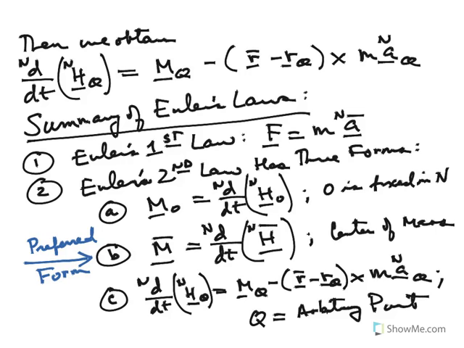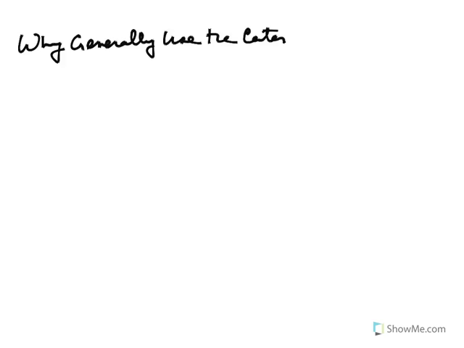It's the easiest one. Why is the center of mass easiest? So we generally use the center of mass as the reference. Why would we do that?